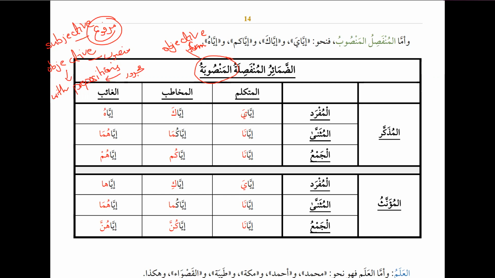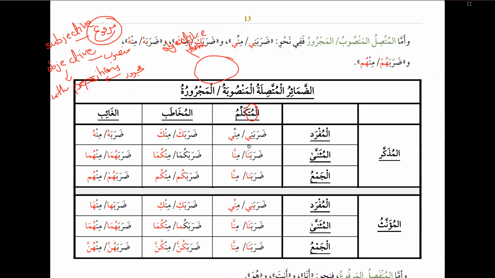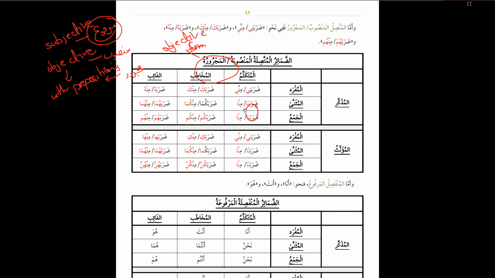So there are some objective pronouns that are separate. They come separate, and they are very easy to memorize. They only have this addition of iya, and the rest is just like the ضمائر متصلة منصوبة. If you have a look at this table that we had on the previous page, you see ضربني، ضربك، ضربه، ضربنا، ضربكما، ضربهما.